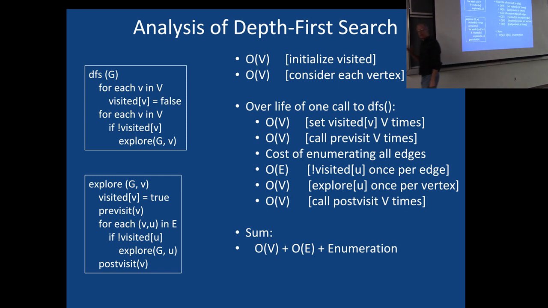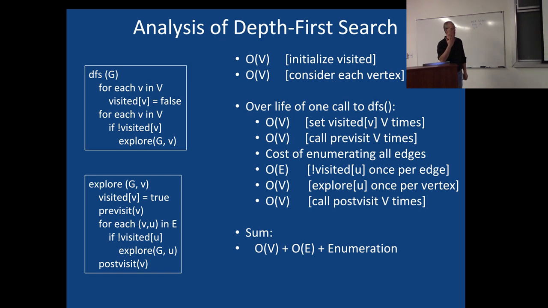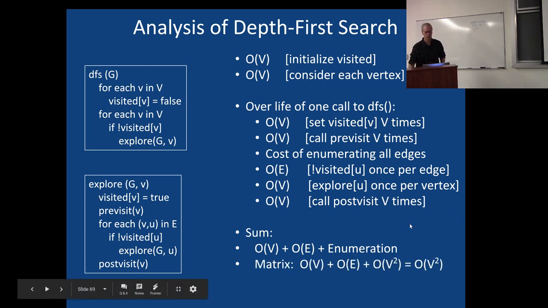And that depends on which data structure we're using, right? So what if we're using an adjacency list? It's going to be O of V plus O of E plus what? What's the cost of consuming an adjacency list? O of V plus E, which will simplify to what? Right, that's just going to be O of E plus V.